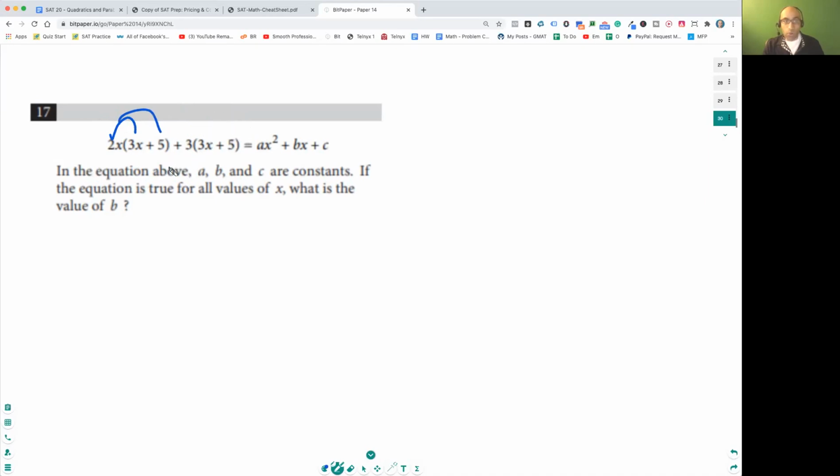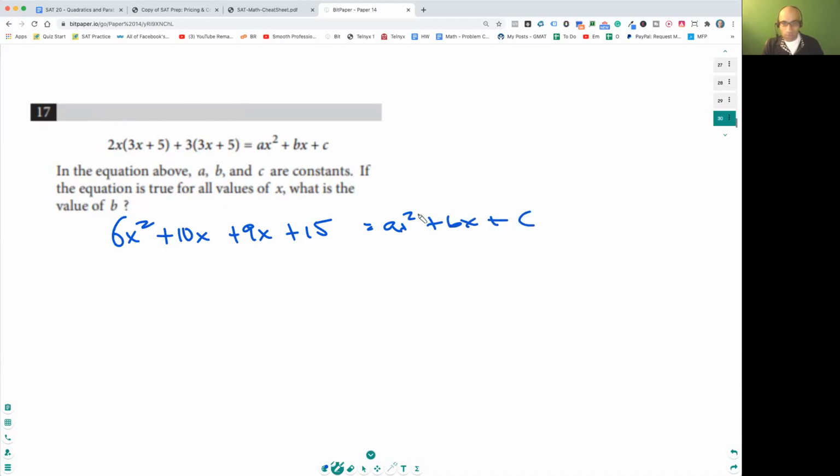Super easy to do. So you're going to have 6x squared, because I'm distributing this, plus 10x, plus 9x plus 15, is equal to ax squared plus bx plus c. And then they're only asking for b.